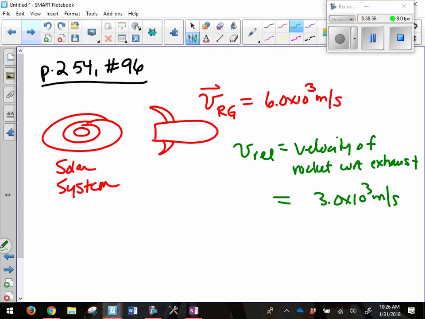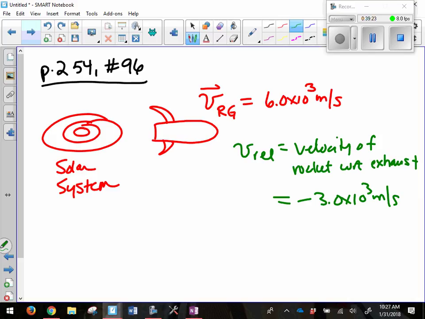Right. So in order to make it V rel, what do I have to change? The sign. Okay. Because the number they give you is the velocity of the exhaust with respect to the rocket, but we need V rel to be the velocity of the rocket with respect to the exhaust. Okay?